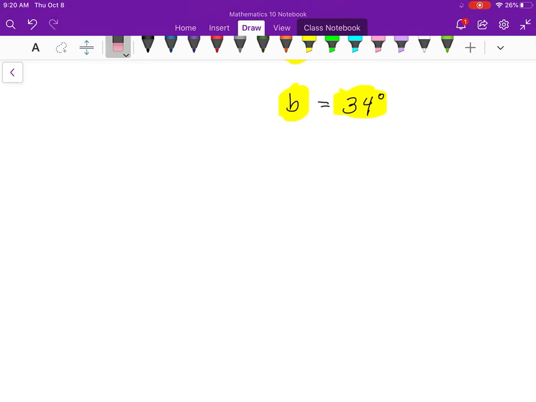So c squared, take 2, plus 5.77 squared must equal 6.99 squared. Because again, the Pythagorean theorem states that the sum of the shorter two sides squared always equal the hypotenuse squared.